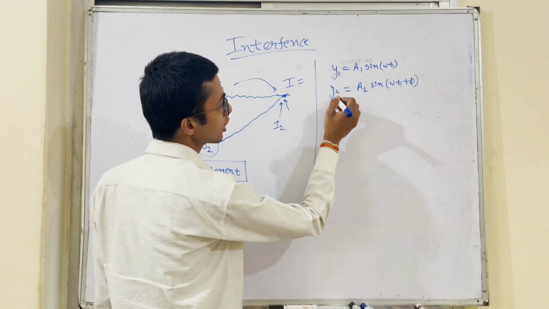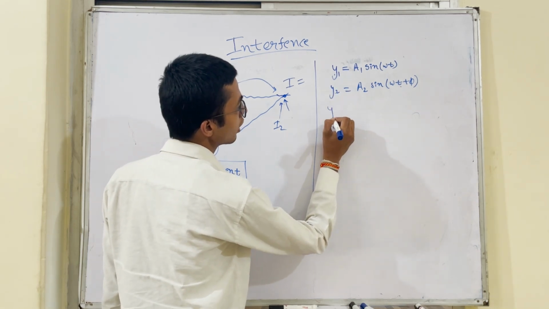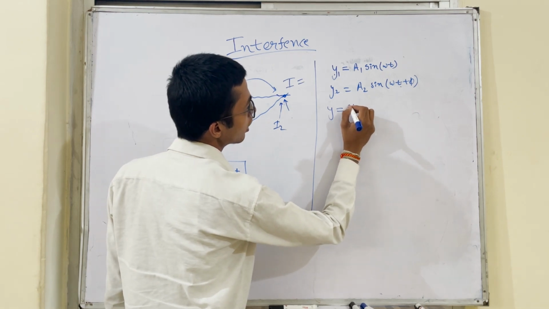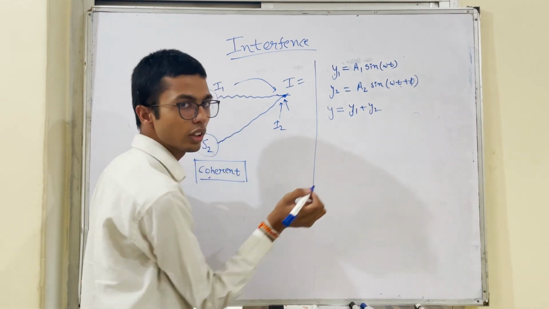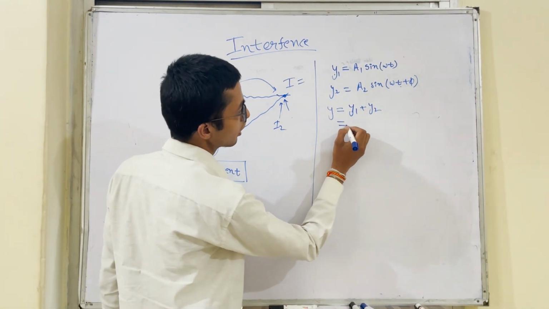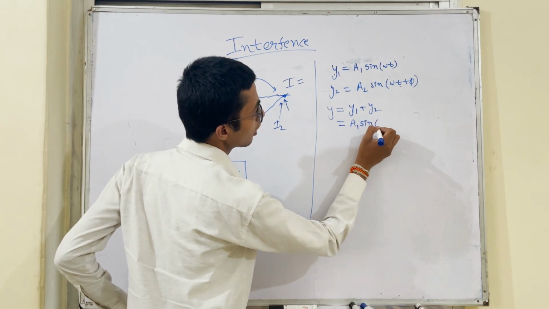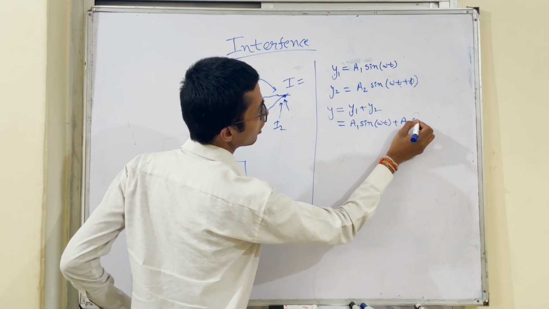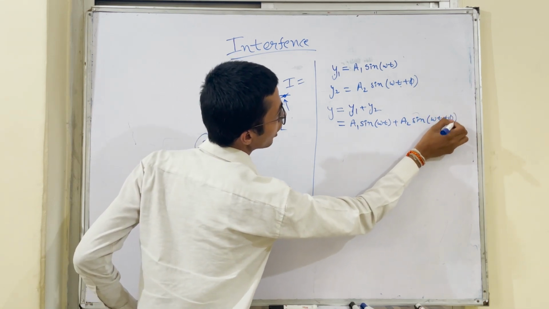So these are the two waves, y1 and y2. If I want to find the resultant, it will equal y1 plus y2, that is a1 sin omega t plus a2 sin omega t plus phi.